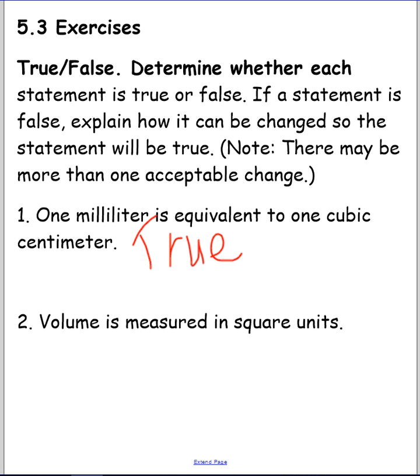For number 2, volume is measured in square units. Again, referring to that same example from the beginning of the lesson, we had length times width times height to give us volume. So that's 3 units being multiplied together. So that's considered cubic units, or units cubed, like a 3-dimensional cube. So that one was false, but we fixed it.